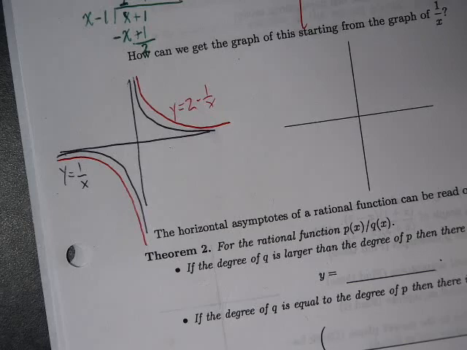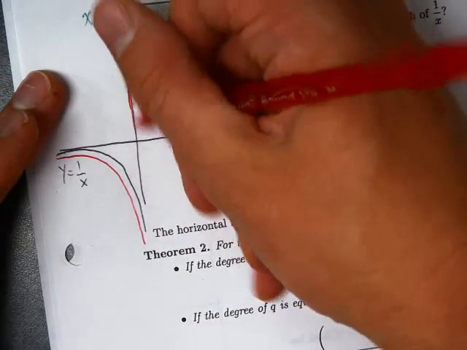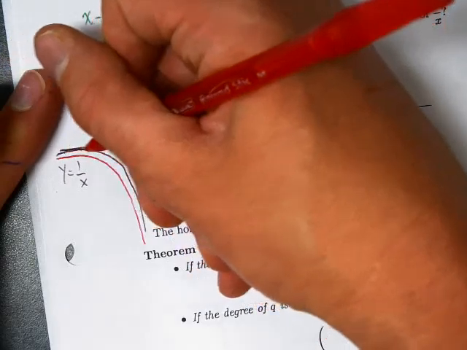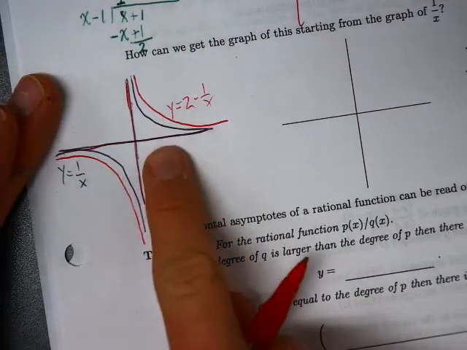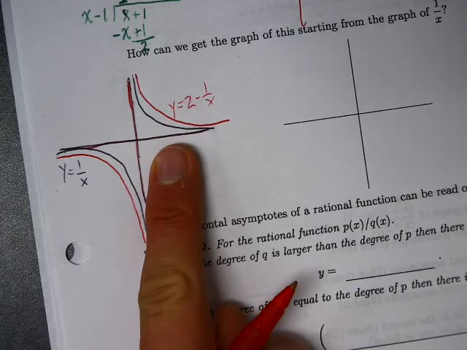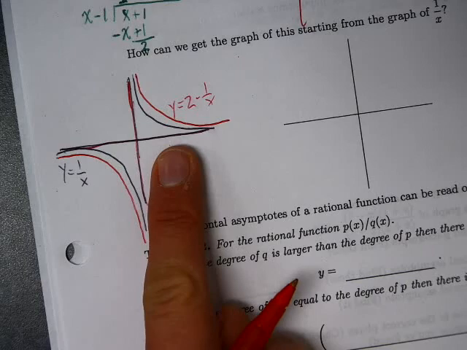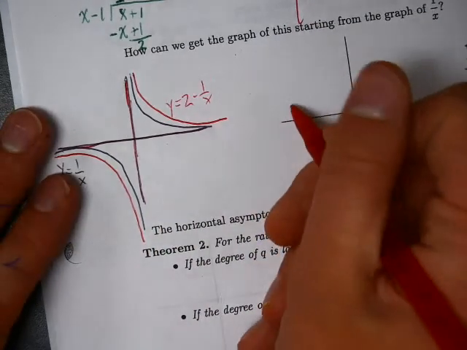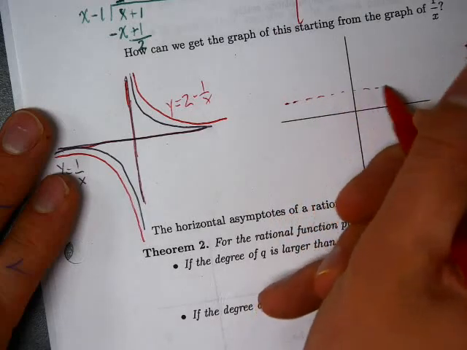So in order to do that, maybe I'll even just keep track of this vertical asymptote and horizontal asymptote and frame them. So that horizontal asymptote at y equals 0, when I shift it up by 1, where does the horizontal asymptote at y equals 0 go? To y equals 1. So there will be a horizontal asymptote at y equals 1.